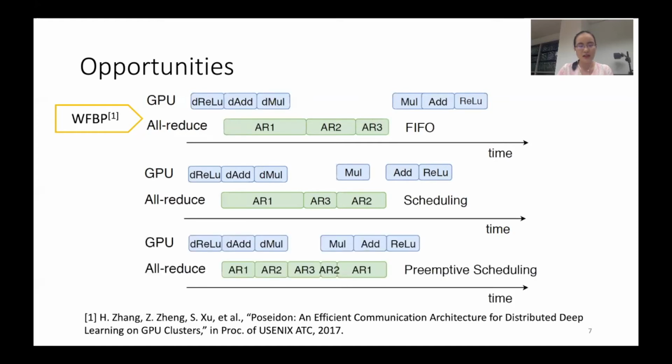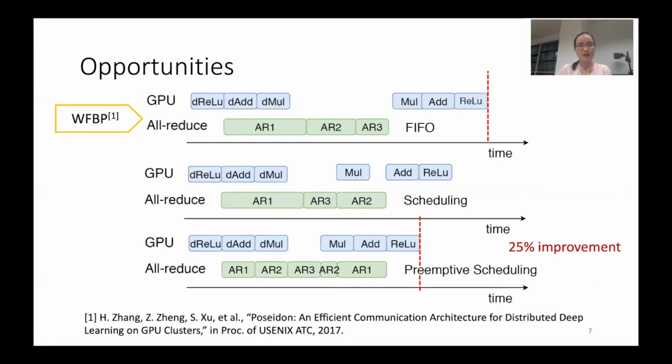And if we allow preemption during the all-reduce tensor transmission, the training time can be even smaller. Comparing these three approaches, we can find that if we allow preemptive scheduling, we can have around 25% improvement in this example. There are some recent works on preemptive scheduling, but they only consider a much simplified problem.